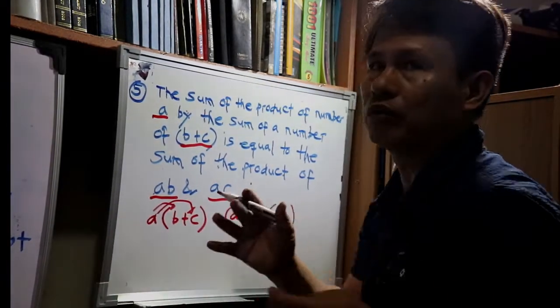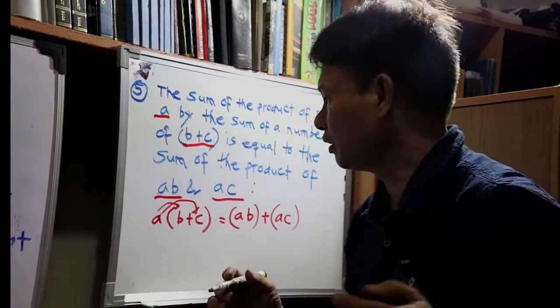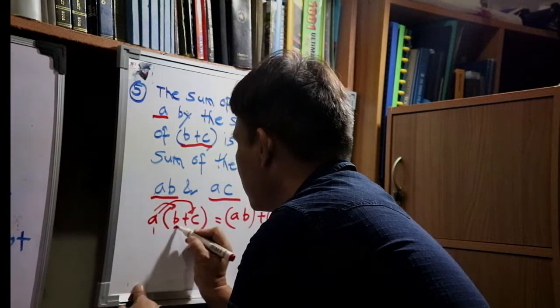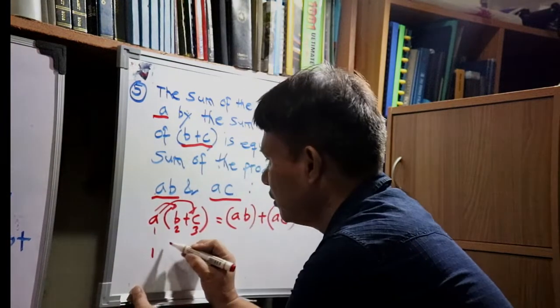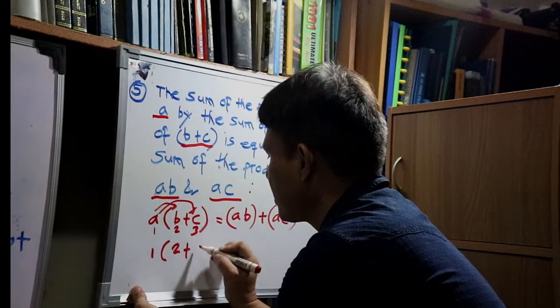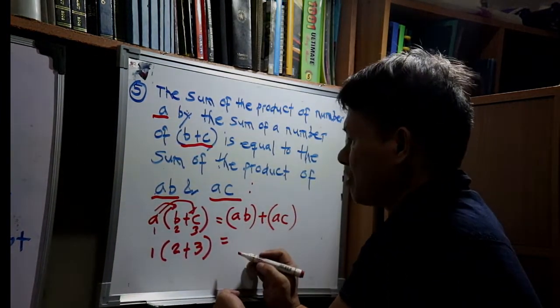Okay? Now, let's apply this to numbers. Say for example, 1, 2, and 3. We'll say A is 1, B is 2, and C is 3. Let's associate this one.